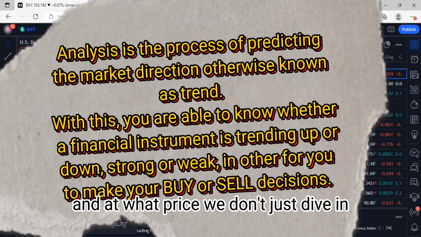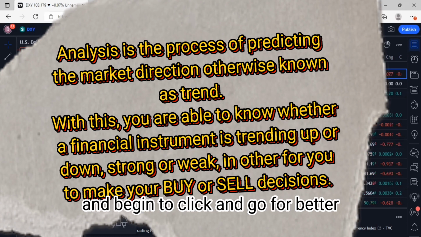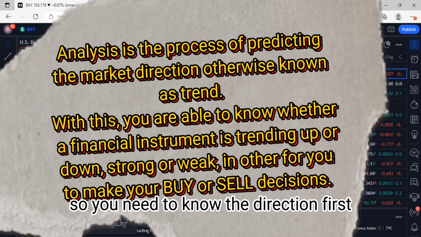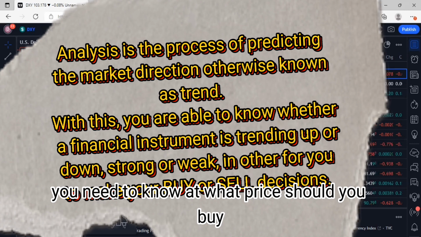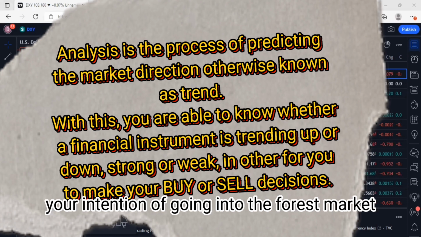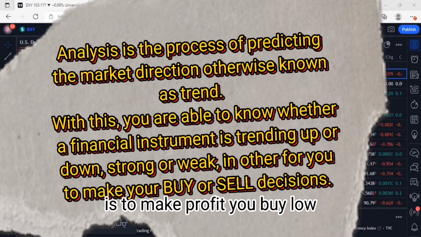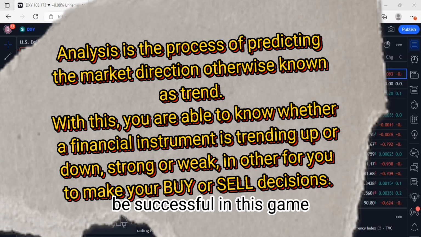You don't just dive in or jump into a market like that and begin to click for buy or sell. You need to know the direction first, which we usually call trend. And again, you need to know at what price should you buy. That is very, very important, because your intention of going into the Forex market is to make profit. You buy low, you sell high. That is it. That is how you can be successful in this game.